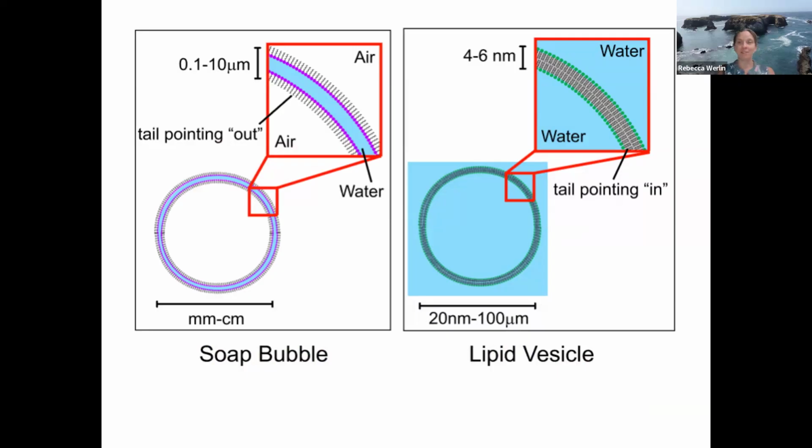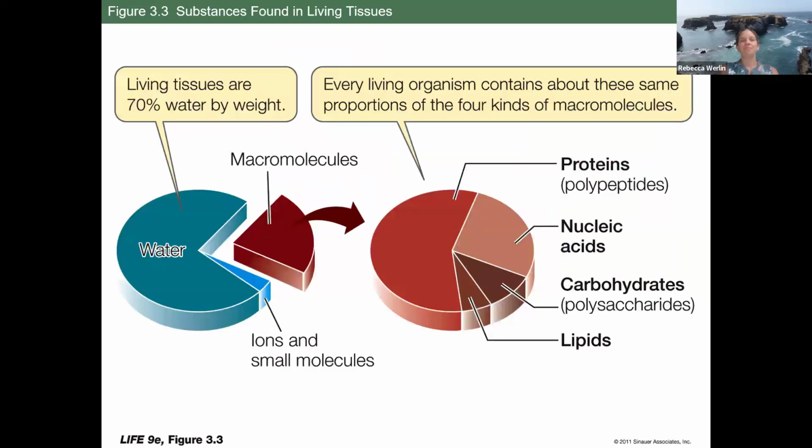But for lipid vesicles, for micelles, for liposomes, for cell membranes, you have hydrophilic heads facing out and hydrophobic tails facing in. And here you can see water on the outside, so you could have extracellular water and intracellular water, and you get cell membranes.